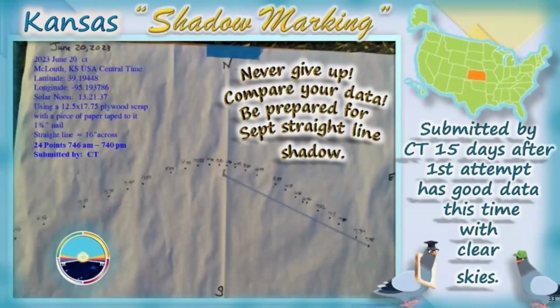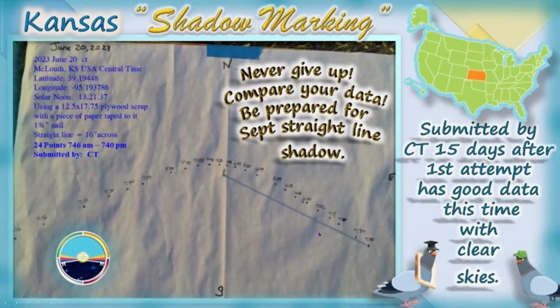Okay, we're back to Kansas. This is Charlene in Kansas. She's marking around June the 20th. Do you remember what her first submission looked like? She's submitting this now 15 days after her first attempt, and this time she's got really good data. Just look at that. She's got her picture, she's got the shadow, and there she marked it.